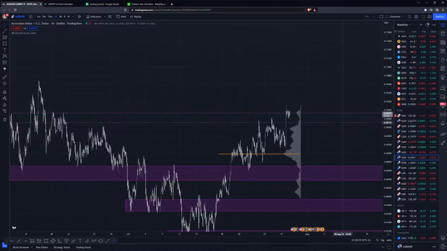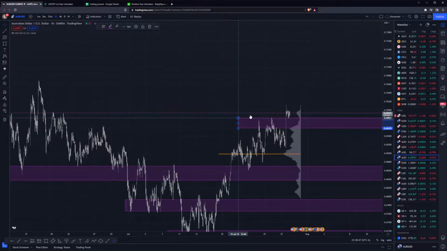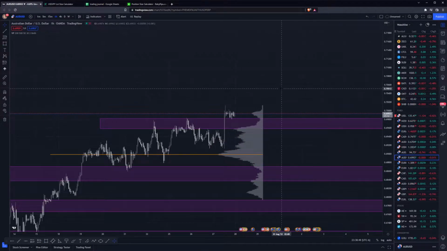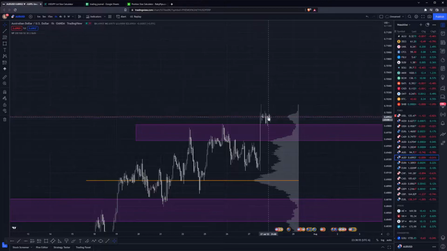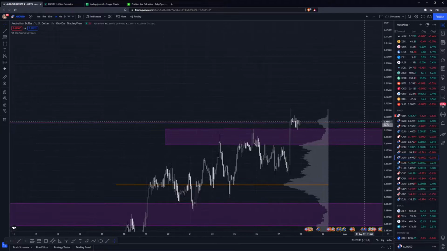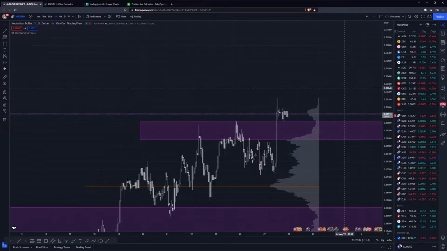If we want, we could take a look here, because there's a smaller zone that was already broken and tested. So that could have been a trade you took, but it's moving sideways right now, and to me that usually signals that it's having a hard time staying above this zone.